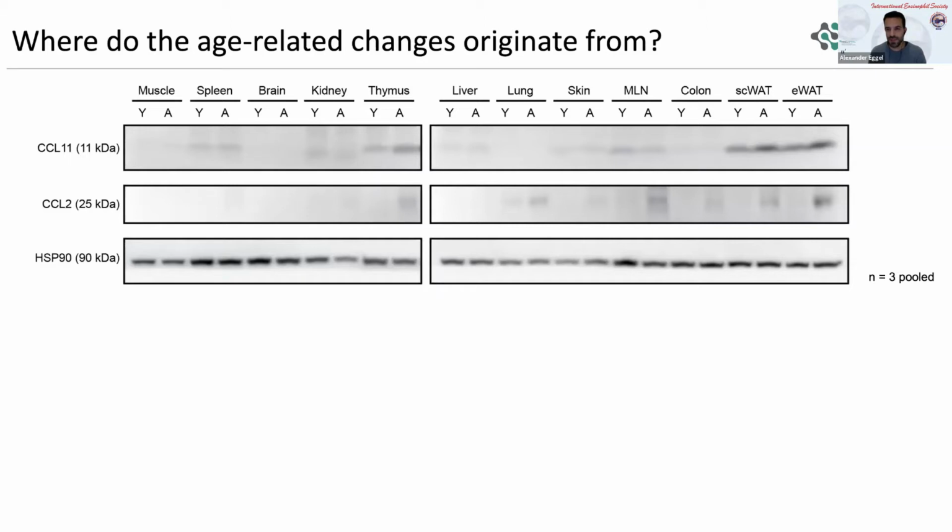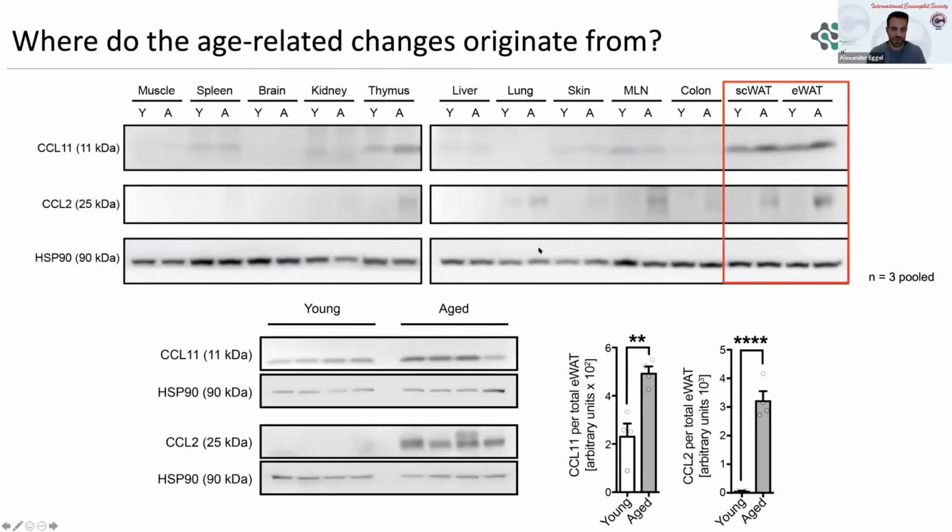What became immediately apparent is that white adipose tissue, either subcutaneous or epididymal, showed the highest expression of these two factors. And if we zoom in on a cohort of young versus aged mice, we can also appreciate that upon aging, these factors get significantly upregulated.